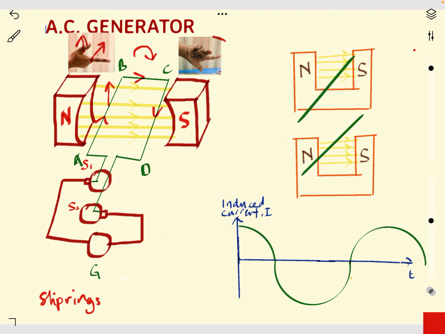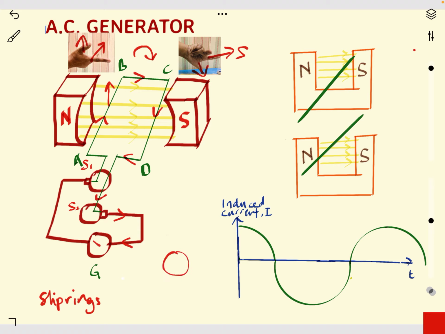Then you can apply right hand Fleming rule again. This is pointing at the south, and this is the force because we rotate in a clockwise direction, so the middle finger shows the direction of current. You can see that the current flows toward S2, and then the deflection of the galvanometer is to the left.